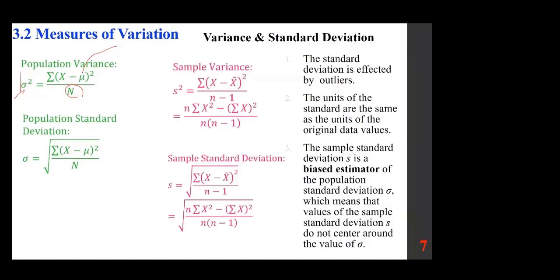This is the reason it's important to distinguish between a sample and a population variance. We divide by n minus 1 instead of n when it comes to a sample variance. And in order for you to calculate the standard deviation, all you have to do is take a root. But there are 2 ways to calculate the sample variance. This is just the same concept as this one.